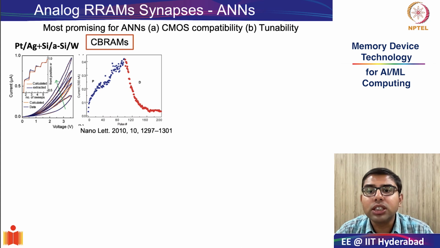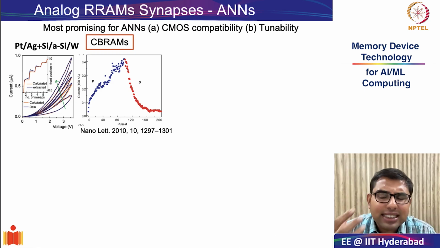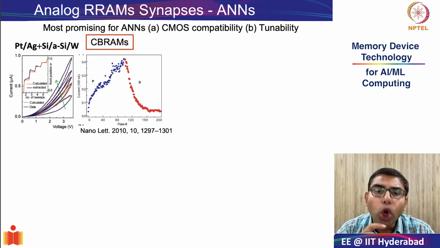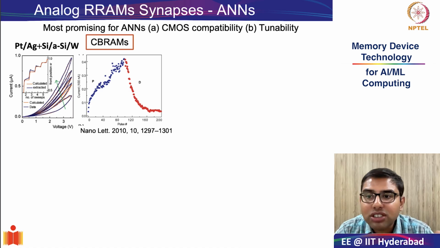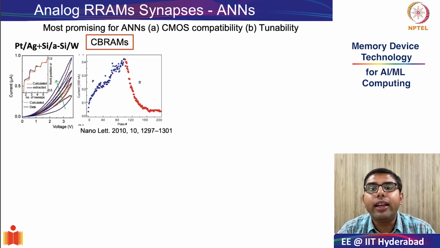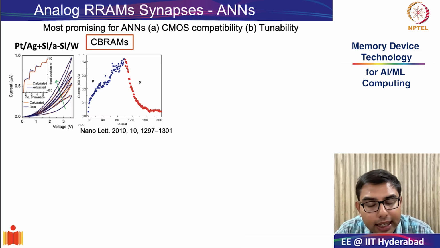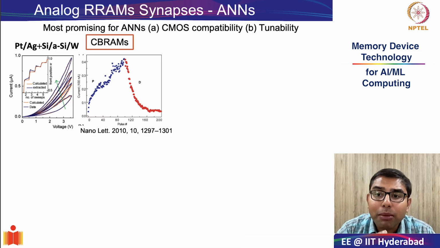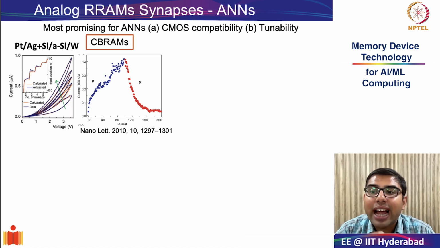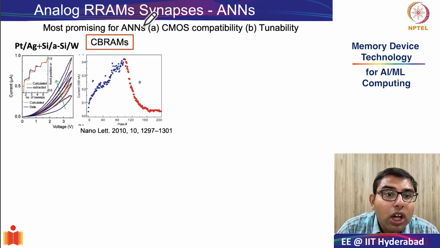And this is because they have excellent CMOS compatibility, low power operation, and as we will see in this slide, there is this tremendous ability to engineer both the materials and the pulsing schemes to achieve the desired analog weight behavior. So let us first start with conductive bridge RAMs or CBRAMs, as you can see on the left hand side.